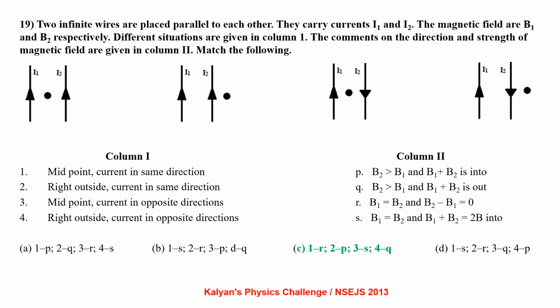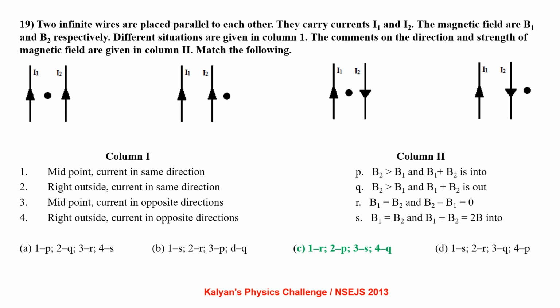Two infinite wires are placed parallel to each other. They carry currents I1 and I2. The magnetic fields are B1 and B2 respectively. Different situations are given in column 1. The comments on the direction and strength of magnetic field are given in column 2. Match the following. Midpoint current in same direction, that is B1 equal to B2 and B1 minus B2 equal to 0.